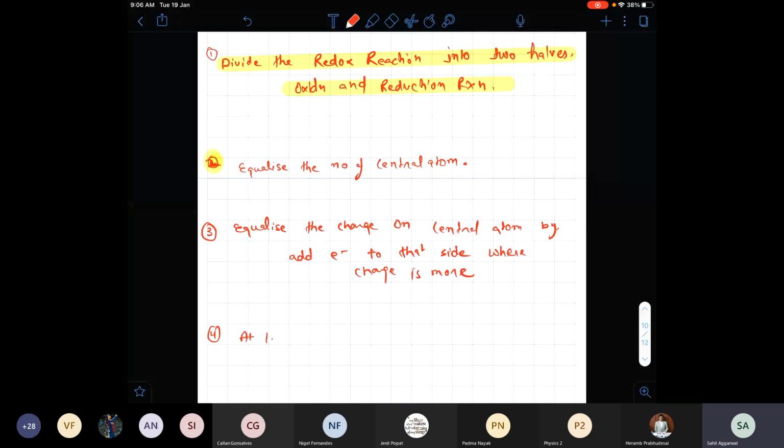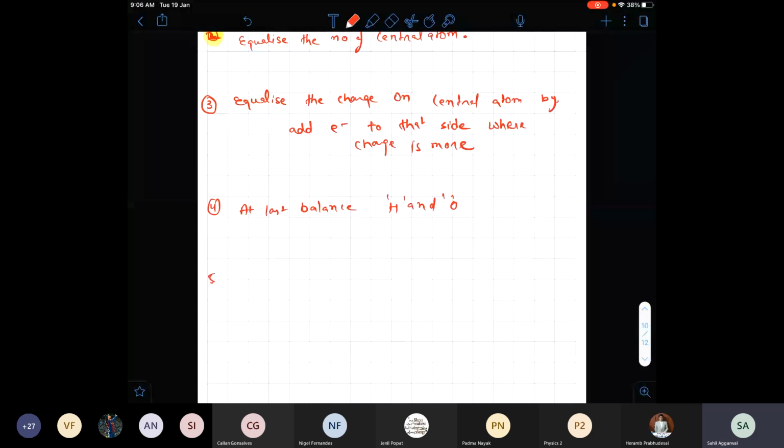At last, balance hydrogen and oxygen. Oxygen is balanced by putting water on the deficient side.